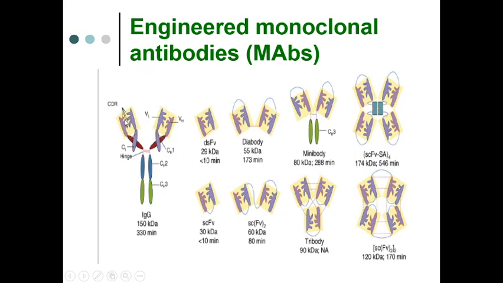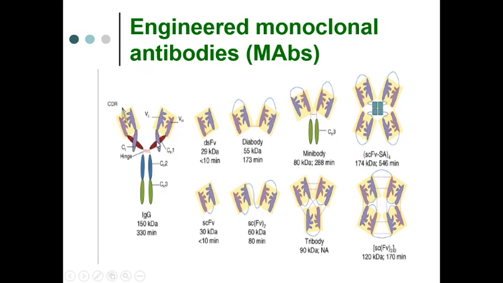The antibody has an FAB site, then three constant region domains, that is CH1, CH2 and CH3, and one constant region domain of the light chain. Now these monoclonal antibodies have a normal molecular weight of 150 kilodaltons and a half-life of 330 minutes.